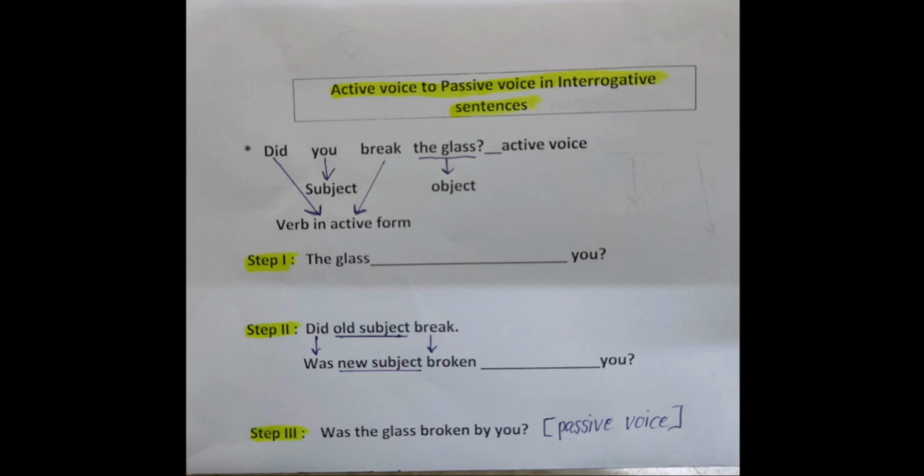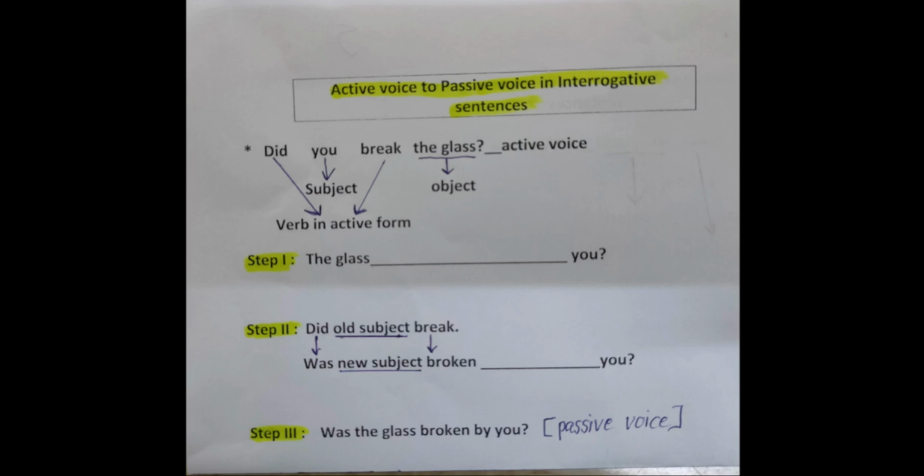So now the new subject also has to go in between the two verbs. So now the sentence will be like this. Was the glass broken dash you?